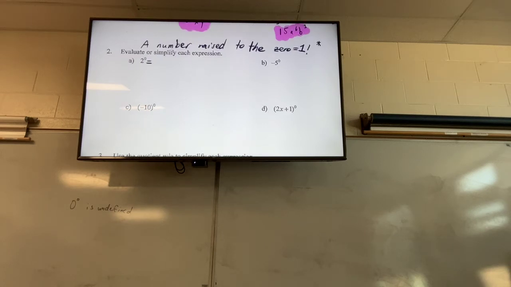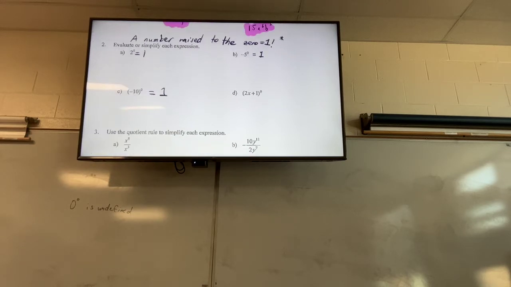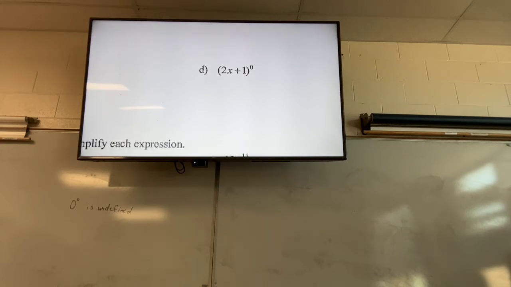So 2 to the 0 equals 1. Negative 5 to the 0 is also equal to 1. Negative 10 to the 0 equals 1. Okay, 2x plus 1, what's that equal to?